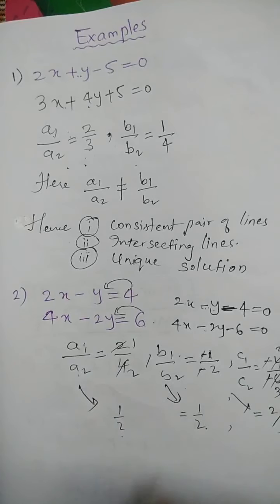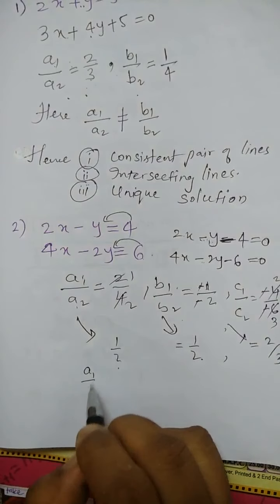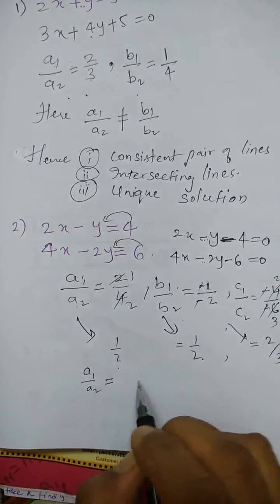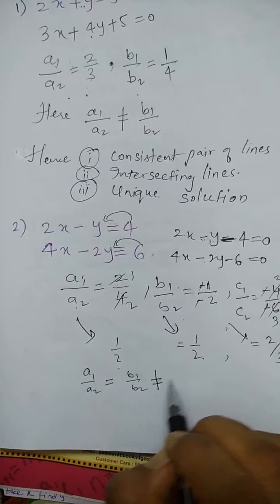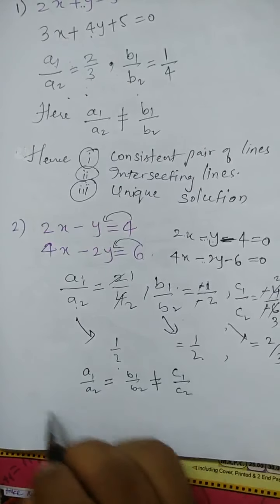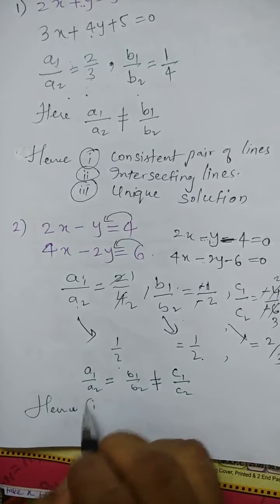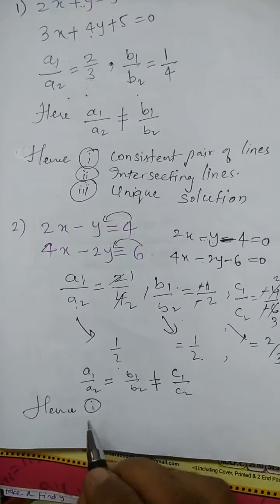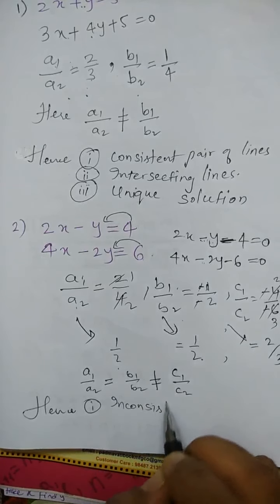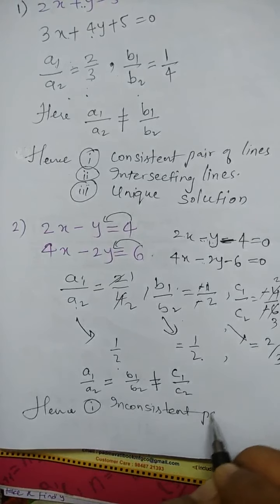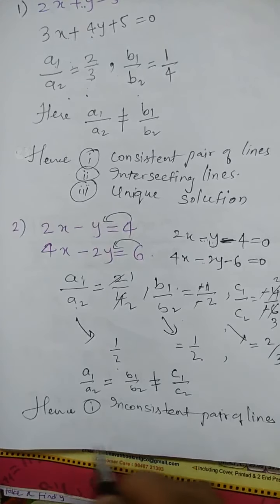So what do you observe? Come on. A1 upon A2 is equal to B1 upon B2, but it is not equal to C1 upon C2. So what to write? Hence, first condition: inconsistent pair of lines.